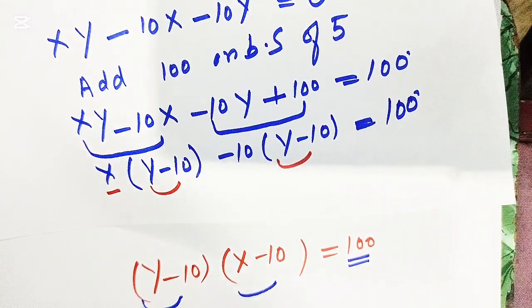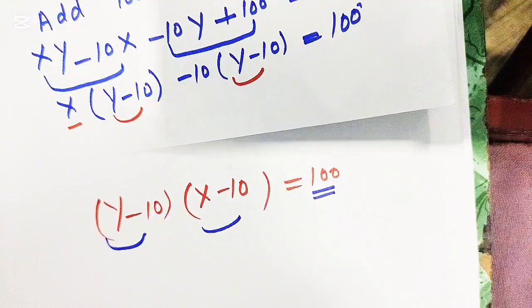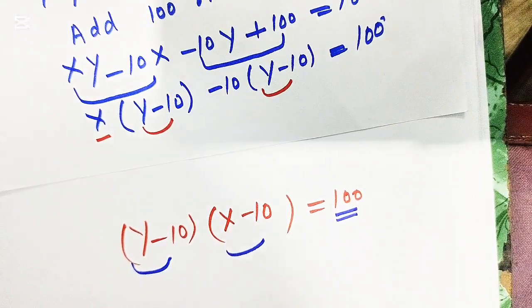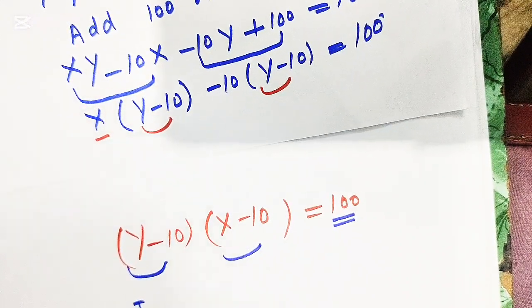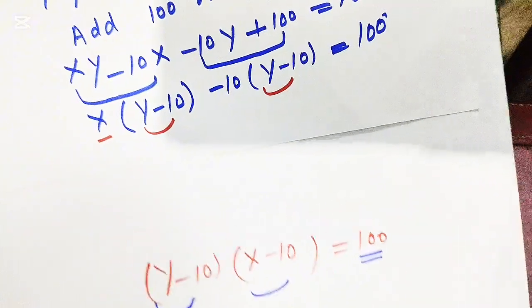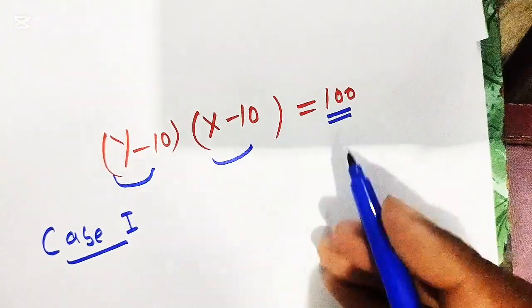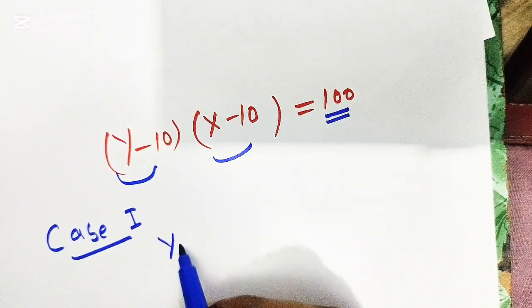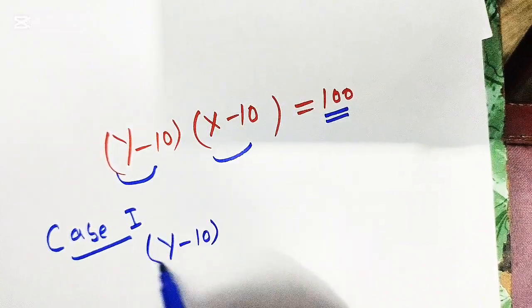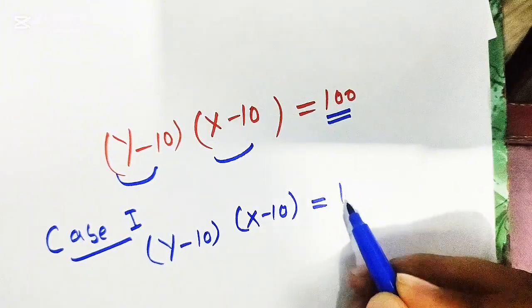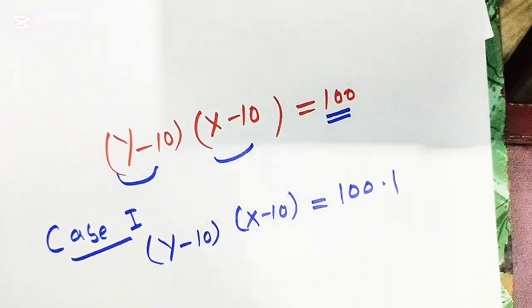There are certain cases here. What are the cases? Case 1 is that (y minus 10) multiplied by (x minus 10) is equal to 100 into 1.